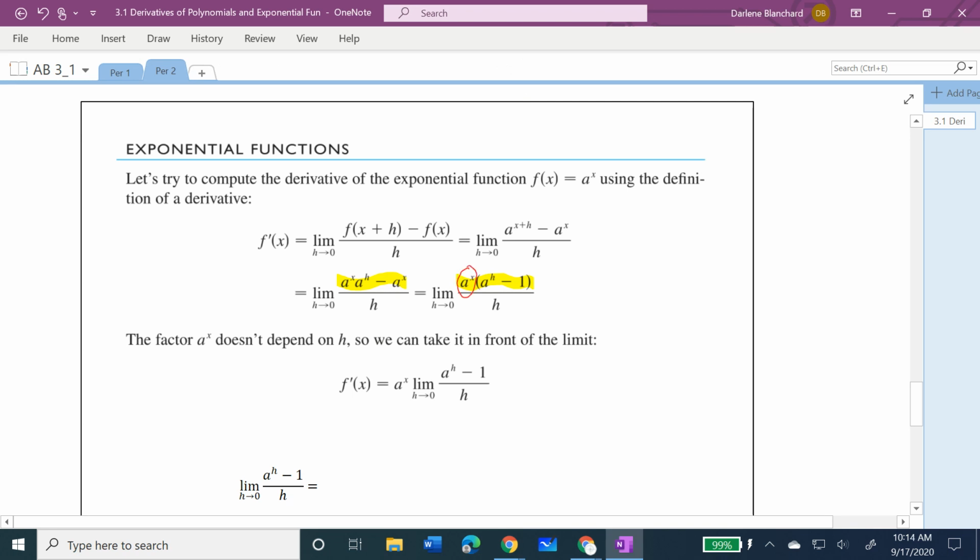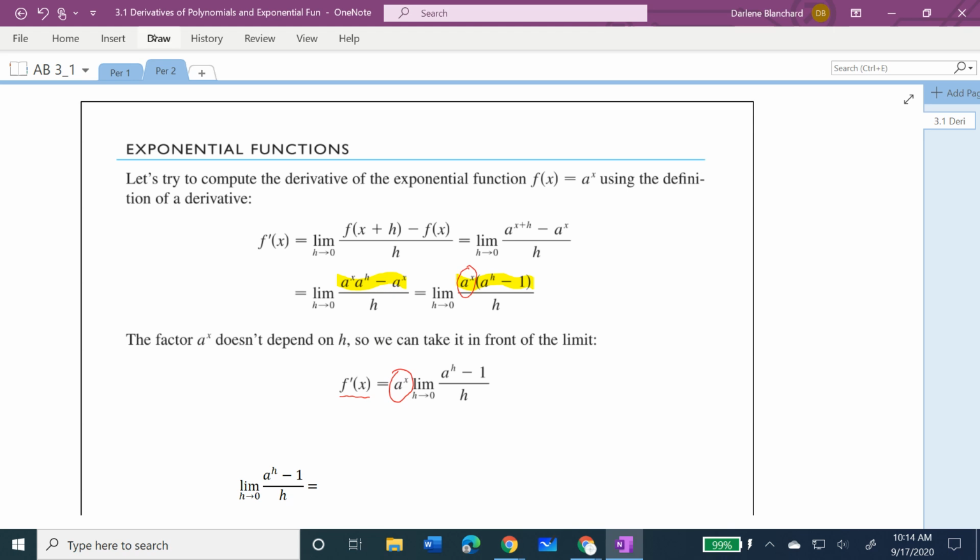Therefore, the limit sees a to the x as a constant. Now, a to the x is not a constant, it just is to the limit. So I can pull that outside the limit. And I am still finding the derivative of f with respect to variable x, so I've got a to the power of x, times this limit.